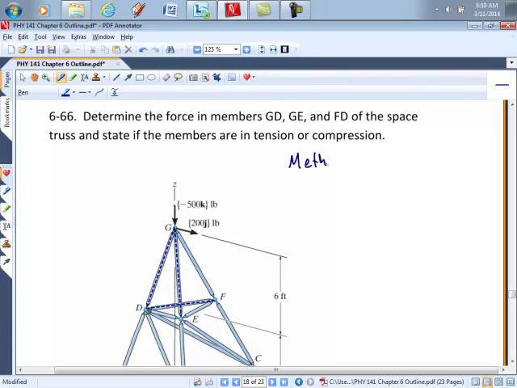So method of joints at G. So we'd start at G because that's the only place we have known forces, and I have 3 unknowns. So I'll be able to solve for those.